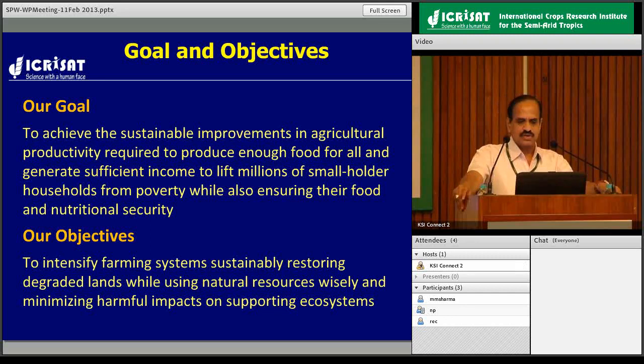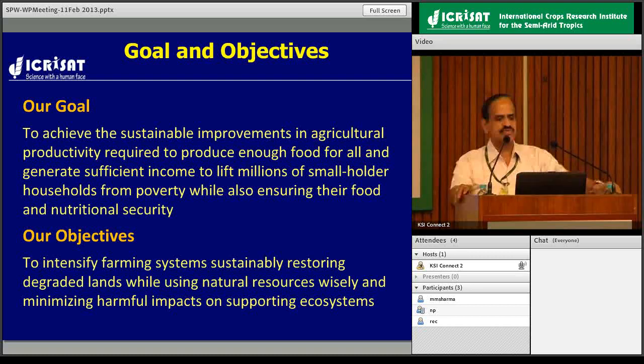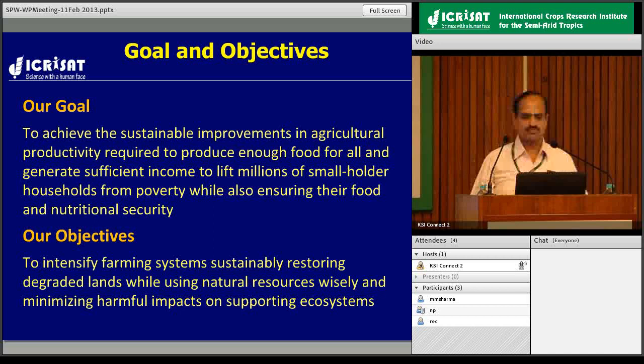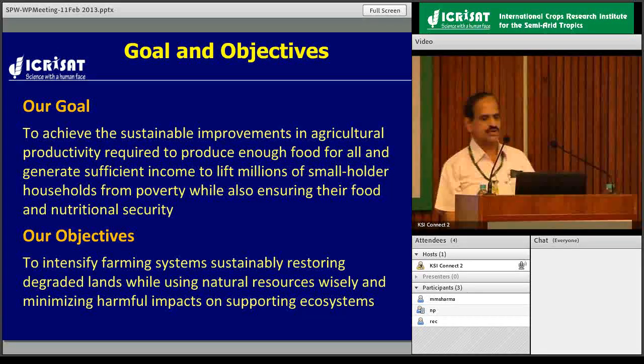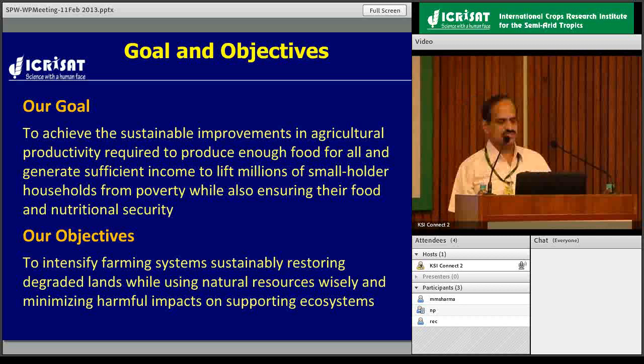The overall goal of this particular program is achieving sustainable improvement in agricultural productivity, which is required to produce enough food for all and generate sufficient income to lift millions of smallholder households from poverty, while also ensuring their food and nutritional security. And the specific objective during the first 5 years is to intensify the farming systems sustainably.